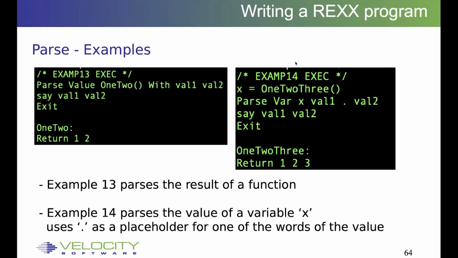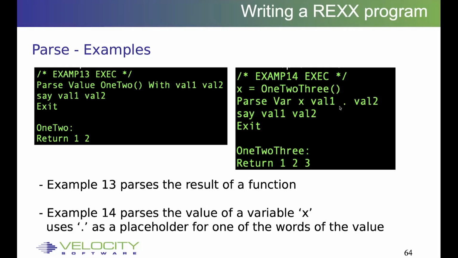In the next example, we are going to call a function called 123, and the result will be put into X. When we call the function, here's the function down here, it is going to return the values 1, 2, 3. It's just a string of characters. The fact that they're numbers is not important in this case. So 1, 2, 3 will be assigned to X, and we're going to parse the variable X with val1 and val2 with a period in the middle.